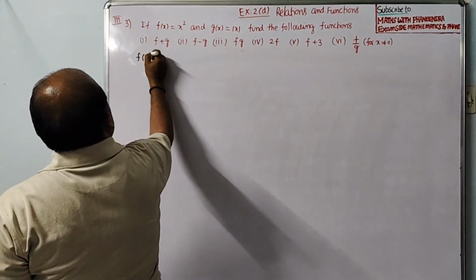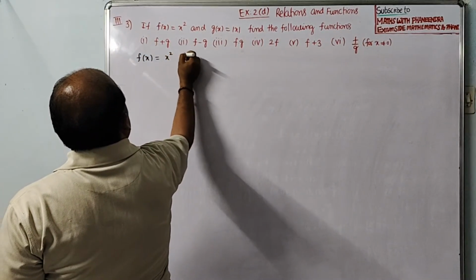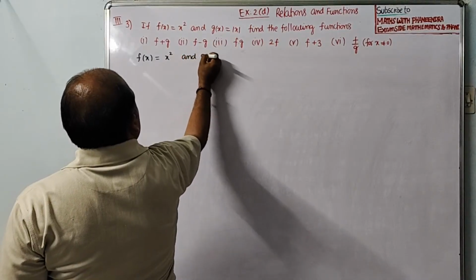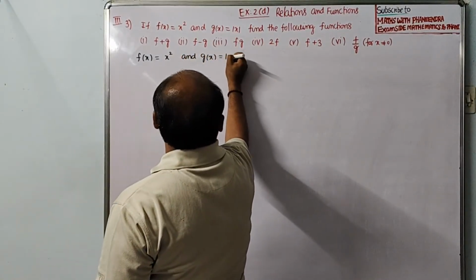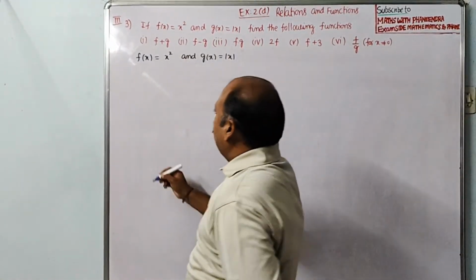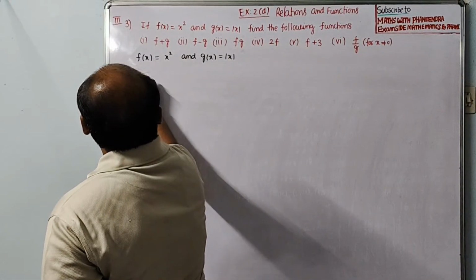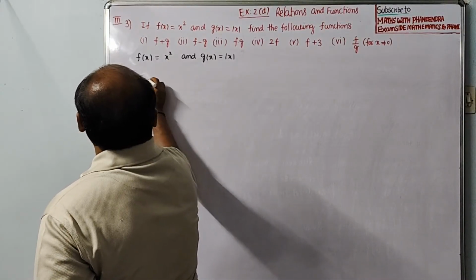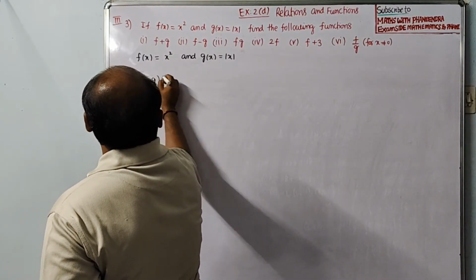f of x is equal to x squared and g of x is equal to mod x. First question, f plus g of x.